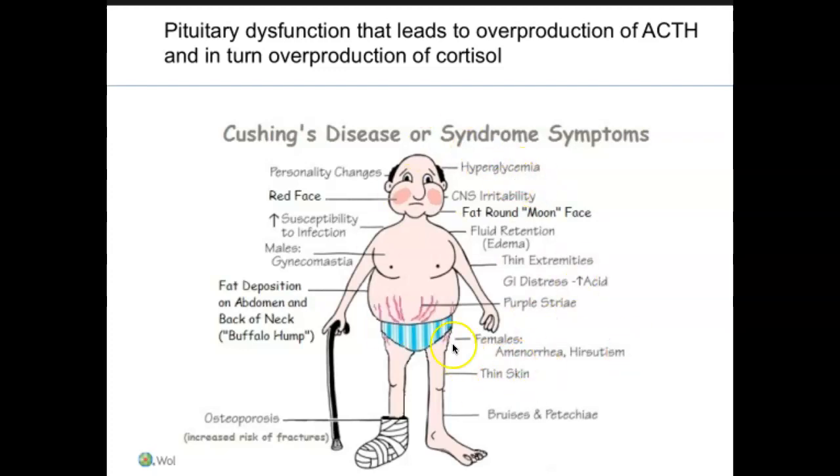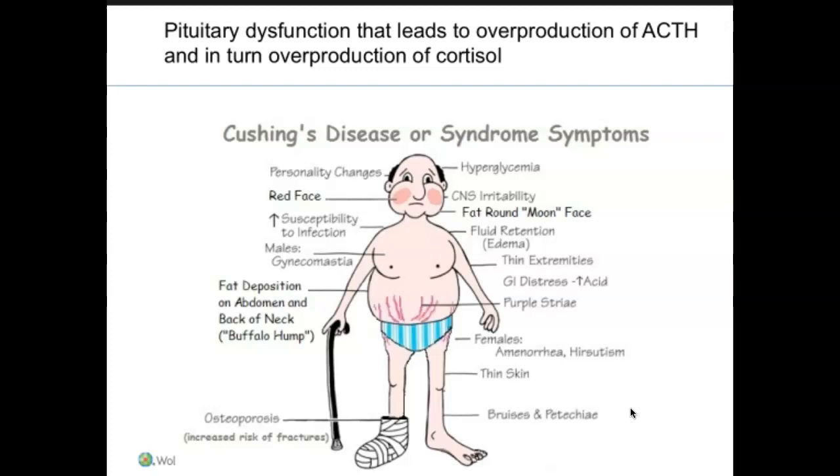And what happens then is the person becomes kind of very red on the face. They have this round moon face, they call it. They gain weight rapidly, and they also have problems with they're immunosuppressed because they have too much cortisol.